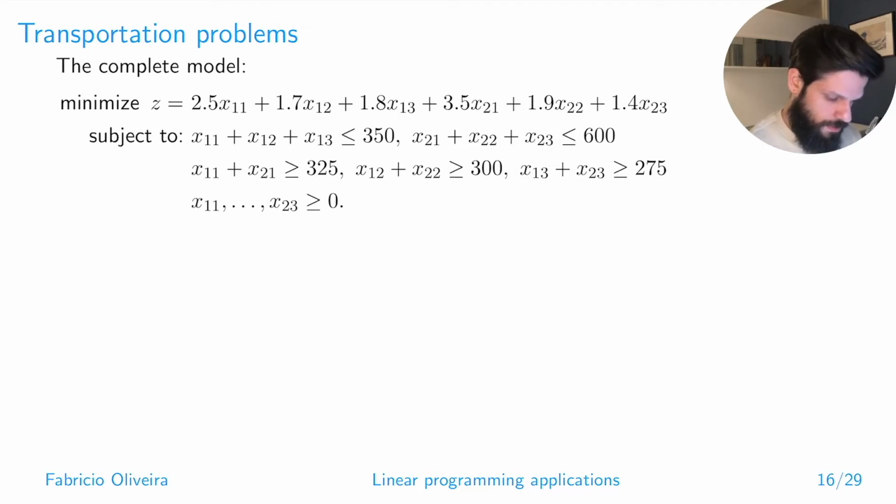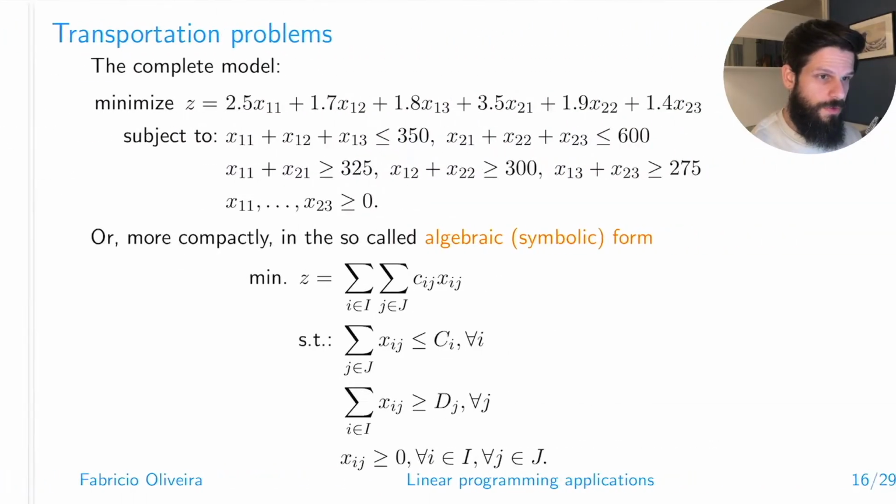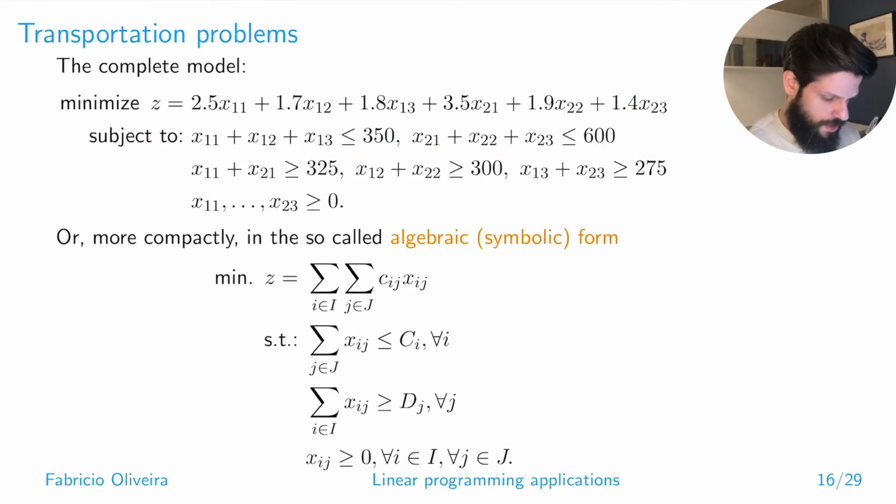And another way to represent that is to use that algebraic form that we were discussing. So by the way, this is kind of like the language we're going to use whenever we talk about optimization models in our course. So today is the very first time we're looking into these, so we're going very slow to get everyone more or less on the same level. But from now on, we'll mostly talk about optimization models in this setting, because that's the language we use to express them to our computational tools.